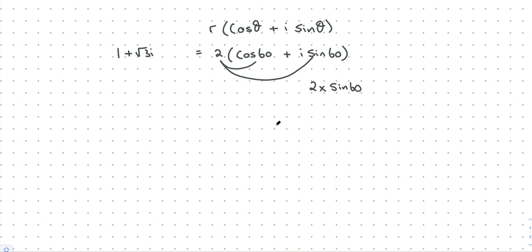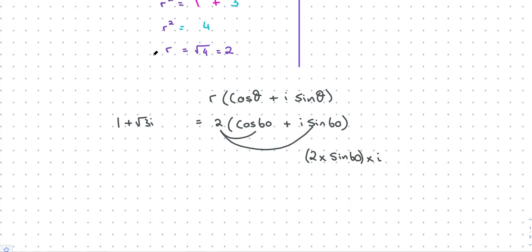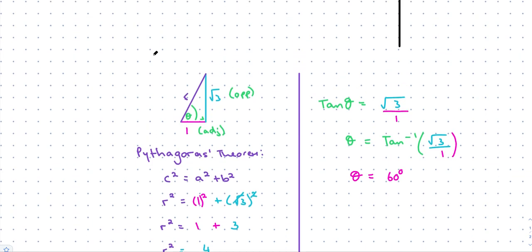I'm going to move it around. I'm going to say it's 2 by sine of 60 by I. And we can even use the associative property of multiplication and do this first and then multiply by I. And if you do 2 by sine of 60, you will get out root 3, and then you multiply that by I, root 3i. So that's a very brief introduction to polar form.